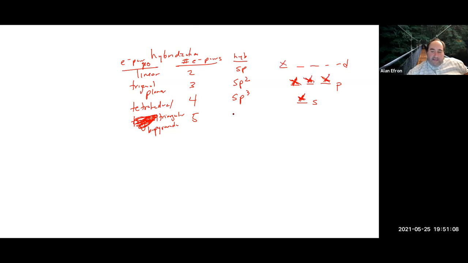We got an s, 3 p's, and a d. And lastly, octahedral is also an exception to the octet rule. It has 6 electron pairs. Again, 1, 2, 3, 4, 5, and 6 would give us sp3d2. So that's the best way to do it.